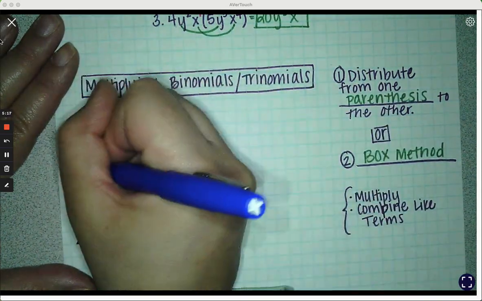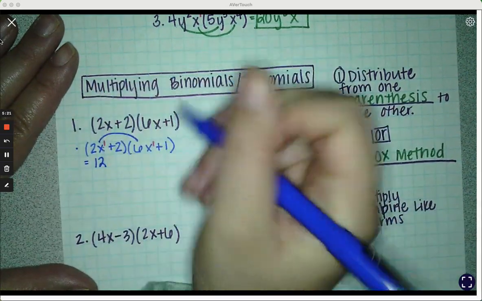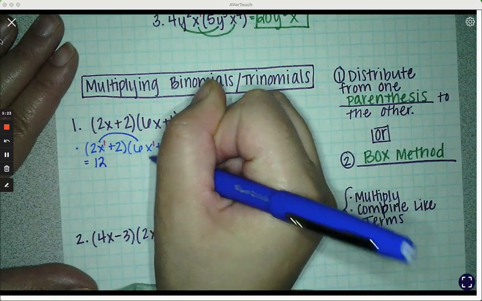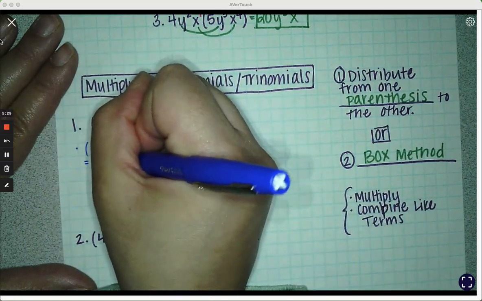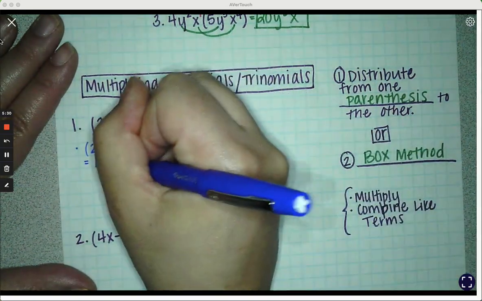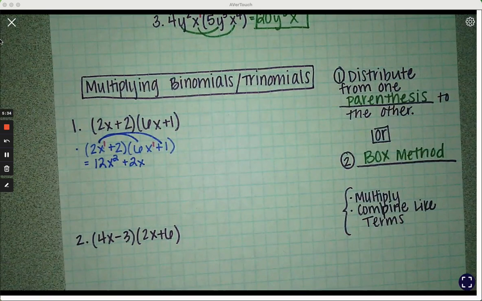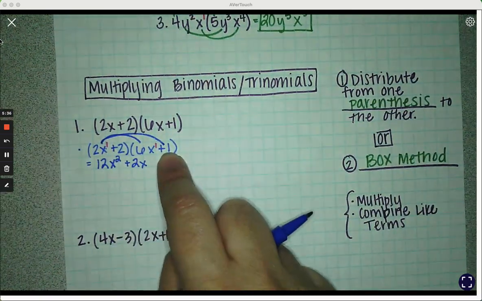So 2 times 6 is 12, but we add the exponent, so that's exactly what we just did. So x squared, and then I'm going to distribute that to the 1. So I know that that's plus 2x.